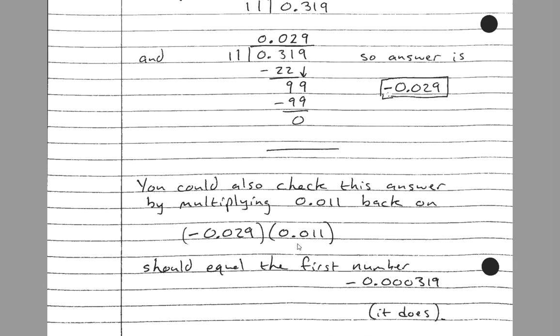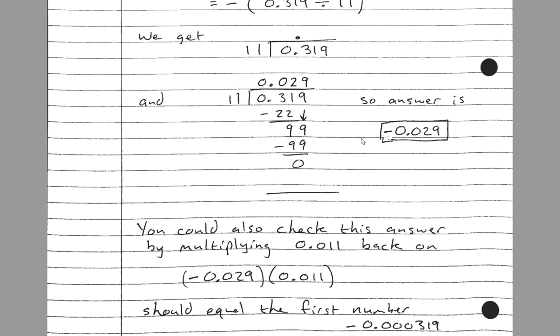This is 3 places, this is 3 places, so the answer will have 6 places. And then you're just multiplying 29 by 11. 29 times 11 is 319, and then give it 6 places. So that does work. So if you have time on the test, you can check your division.